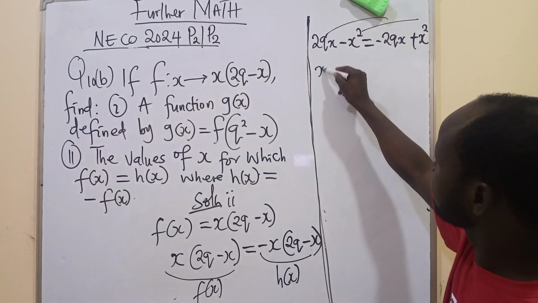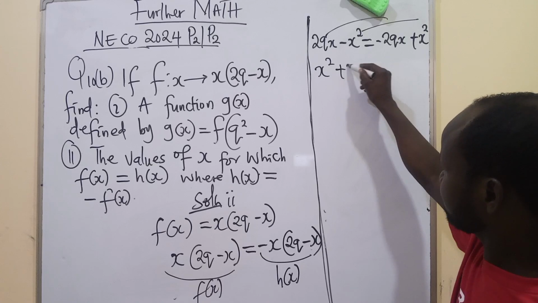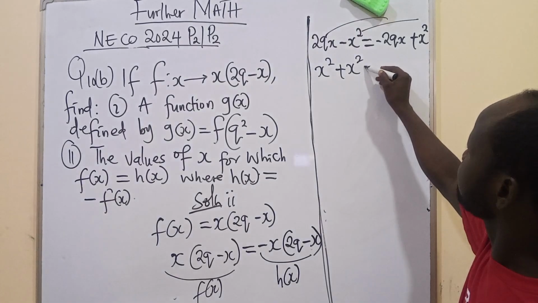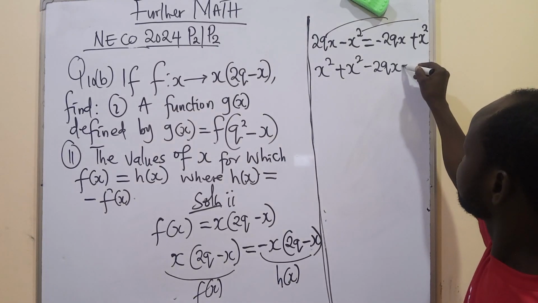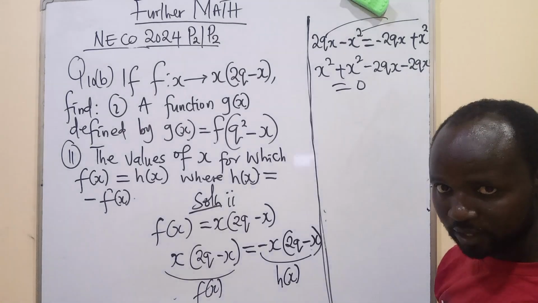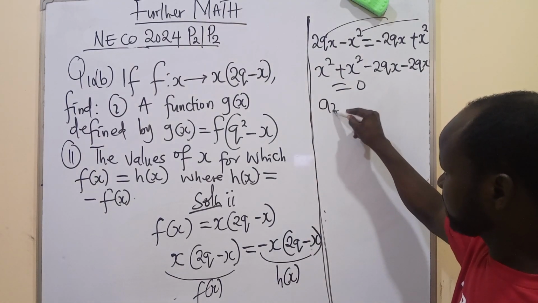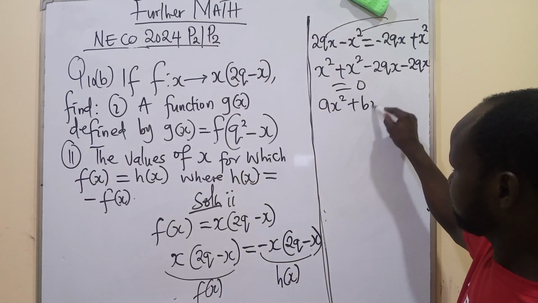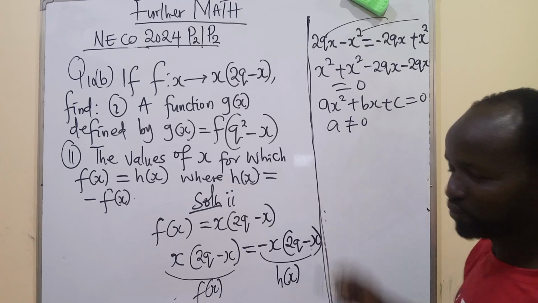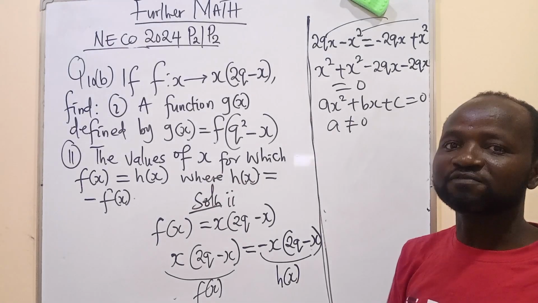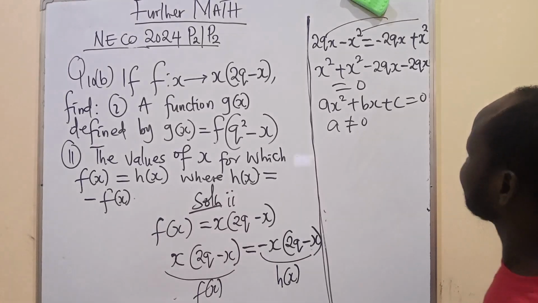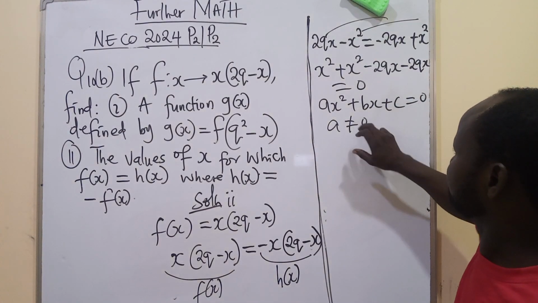We'll have x squared plus x squared, because minus x squared crossing the equal sign will be plus x squared. Then minus 2qx, then minus 2qx. This will be equal to 0. Why? A quadratic equation is of the form ax squared plus bx plus c equals 0, given that a is not equal to 0. Because if a is equal to 0, it will render this linear. That's why we have to rearrange it in this form.